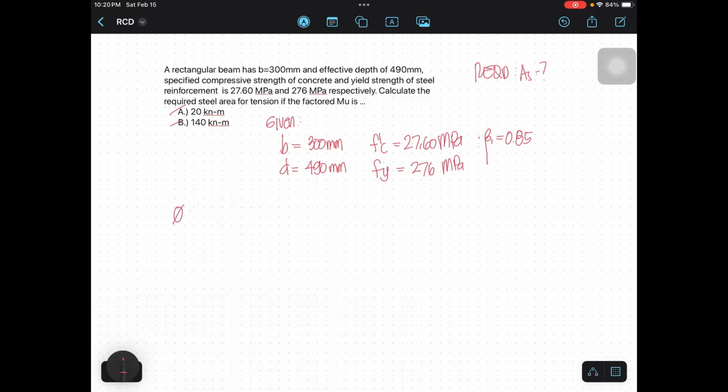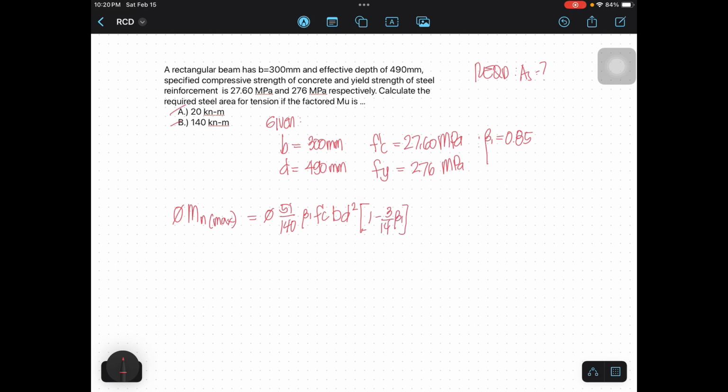So, kuhanin muna natin yung maximum moment capacity or Mn max, wherein meron tayong specific or direct formula na reduction factor multiplied by 51 over 140 beta 1 factor f'c bd squared and 1 minus 3 over 14 of beta 1.